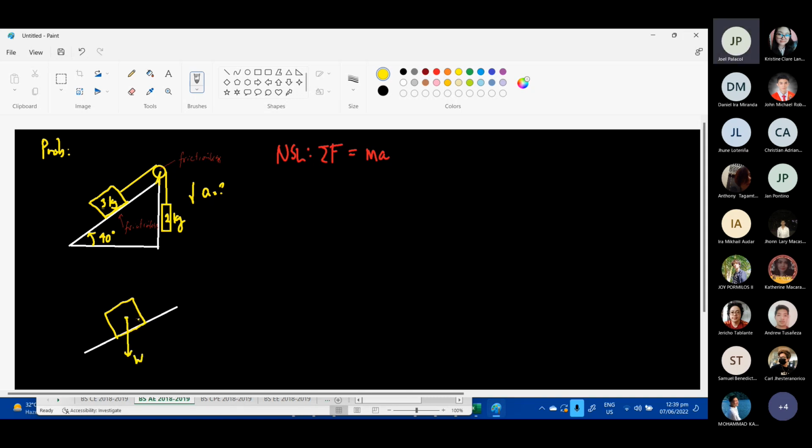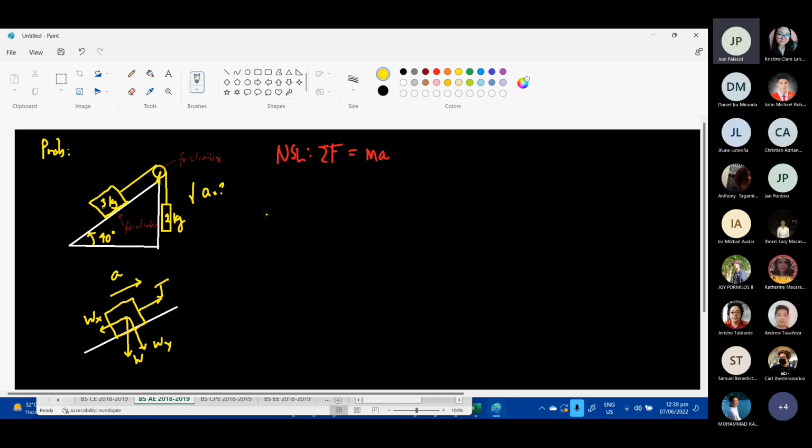First, we have the weight W, and it has components parallel and perpendicular to the plane. But we assume that motion is up the incline. We assume that the 2 kilogram block will go down, so the 3 kilogram mass will slide up at an acceleration, a known acceleration. And of course, we have the tension T in the string.